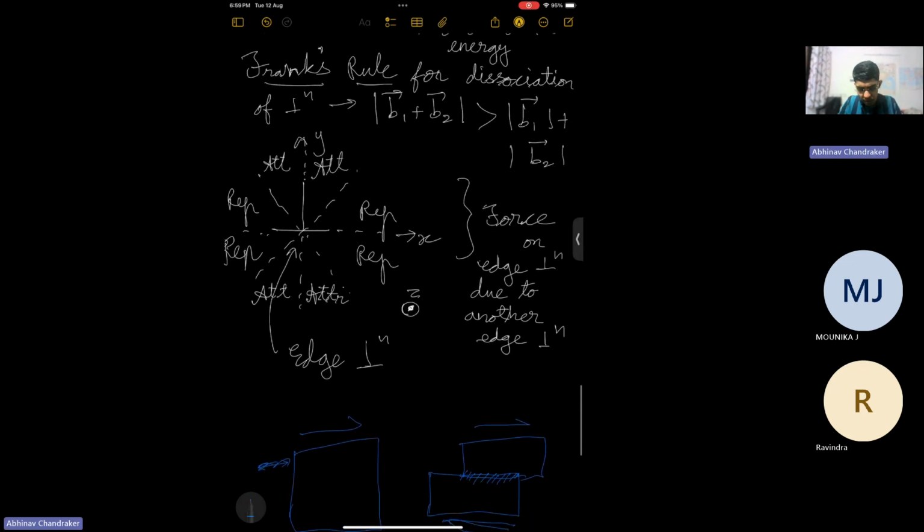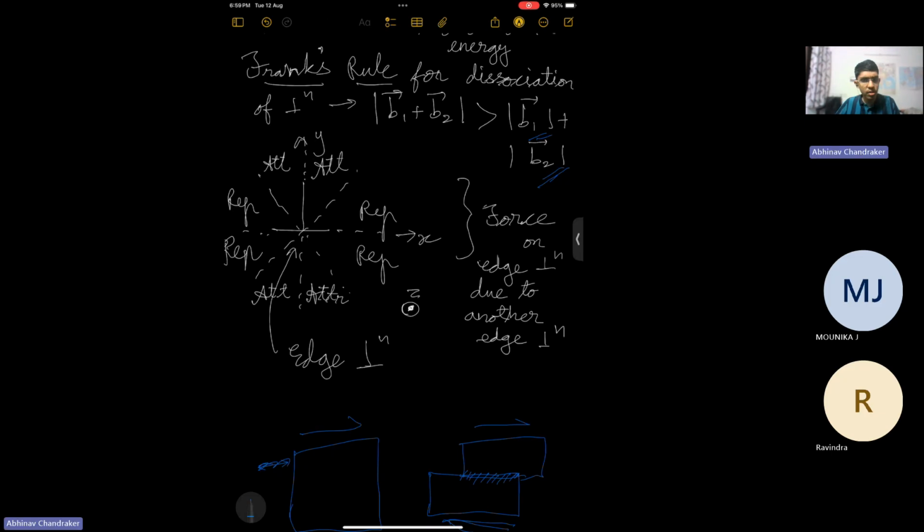Now, if a dislocation splits into b1 and b2, this will only be feasible if the energy of the initial dislocation was more than that of the two it has split into, since a lowering of energy is more favorable.